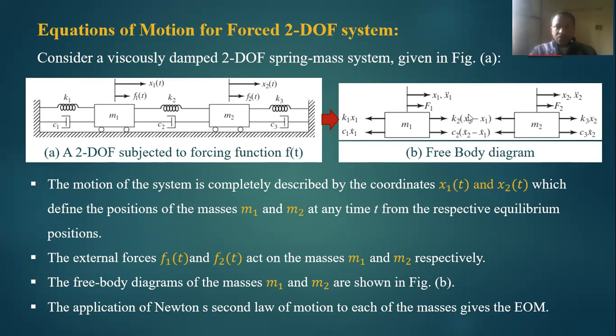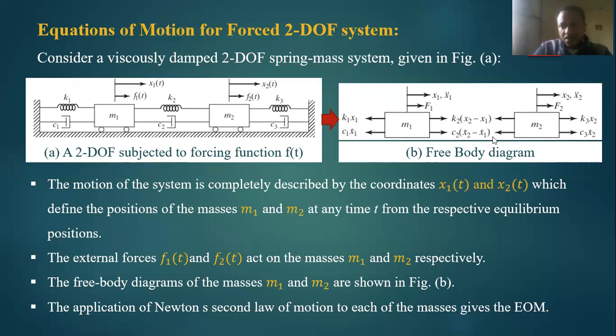For this, the free body diagram of the system is given like this. Mass 1 is expected to move in this direction. So F1, X1, and X1 double dot are the force, acceleration and displacement of mass 1. Acceleration and displacement of mass 2 are given here. So we cut the system here, and then we can get the free body diagram. From this side, K1 X1, C1 X dot 1.